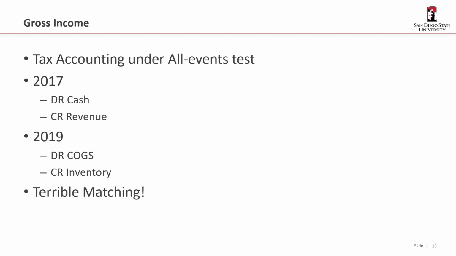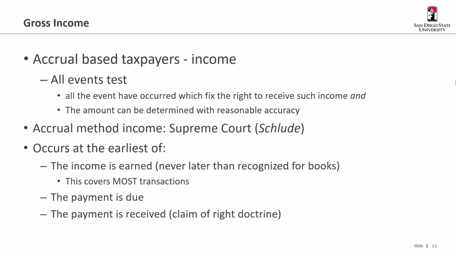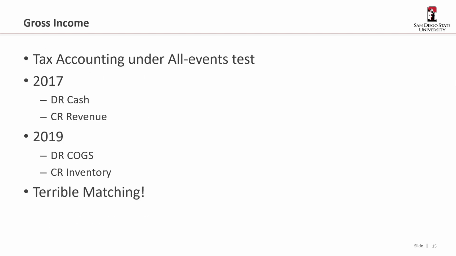How about for tax purposes? Well, under the all events test in 2017, recall that when payment is received, that triggers the all events test. So as a result, you would debit cash and credit revenue. Then in 2019, when that card is presented, that's when you would get to recognize the expenses associated with that revenue.